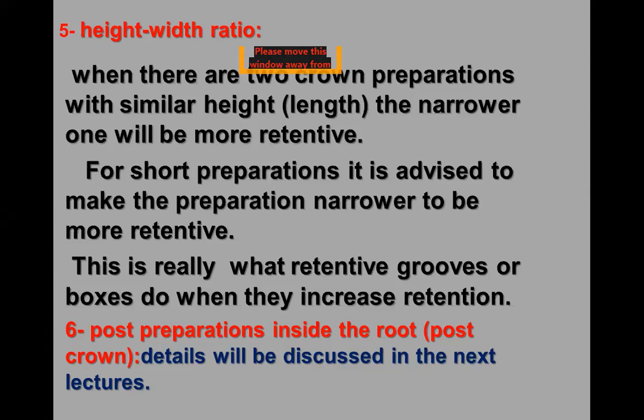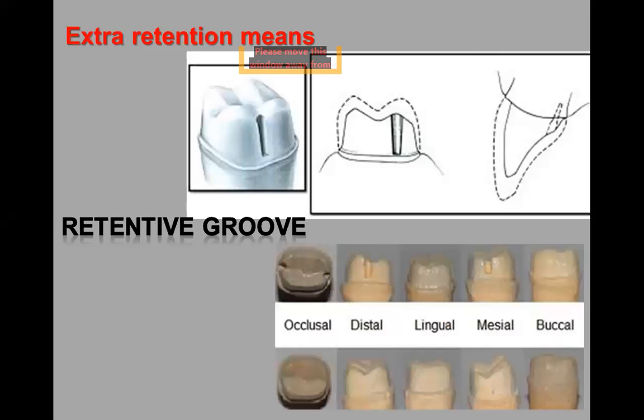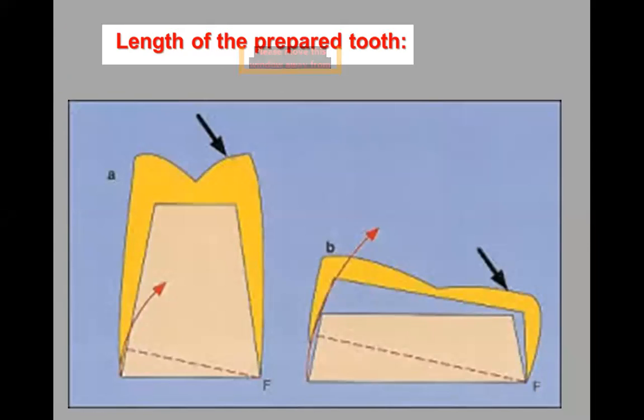The narrower the dimension, the more retention there will be for a fixed height preparation. If we have two crown preparations with similar height, the narrower one will be more retentive. This, again, is just like the discussion of the last one. It is the same direction here.